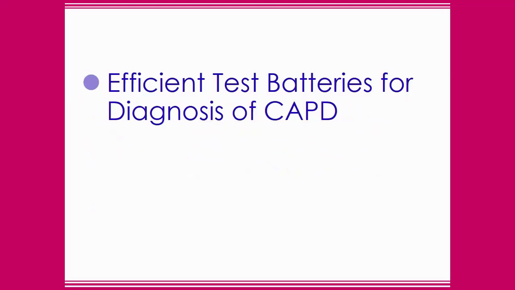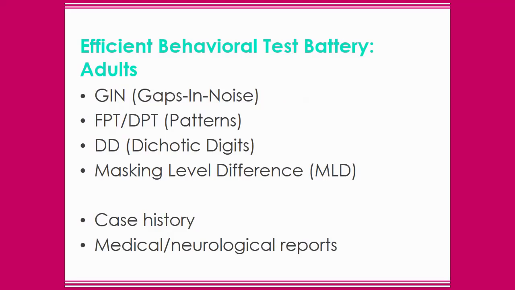Next, I would like to talk about the efficient test batteries for diagnosis of CAPD. Based upon a lot of published research, we have concluded, based on sensitivity and specificity data, that these 4 tests, gaps in noise, either frequency pattern or duration pattern test, dichotic digits, and masking level difference, are the 4 most efficient tests for diagnosis of CAPD in adults.